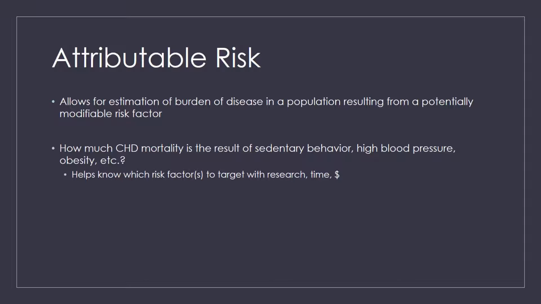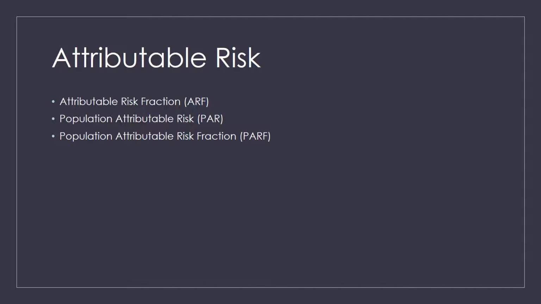How much coronary heart disease mortality, this is disease of the arteries that supply the heart muscle, is the result of sedentary behavior versus high blood pressure versus obesity and so forth? And again, this can help entities, governments, researchers know which risk factor or factors to target with their time and resources.